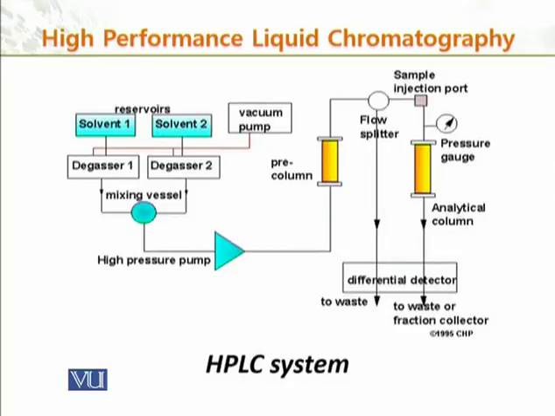Then the mixing vessel, and it goes to the pre-column where it is separated, and further through a flow splitter it goes to a sample injector port from where the sample is injected, and under high pressure with a pump it goes through the analytical column, where different signals are generated which are sent to the computer, and analytical data is achieved.